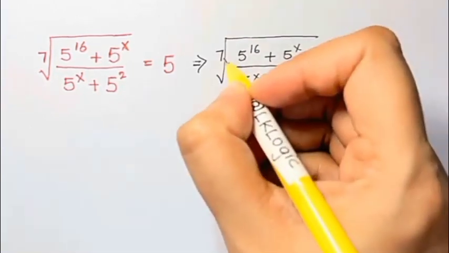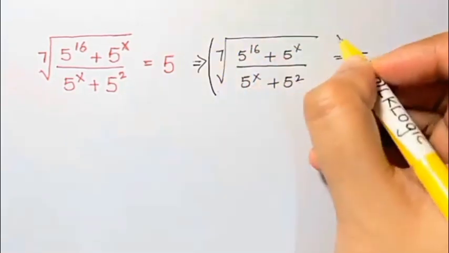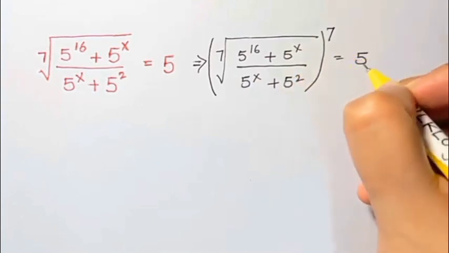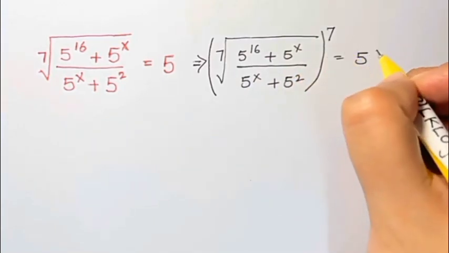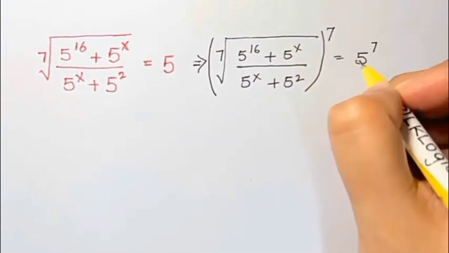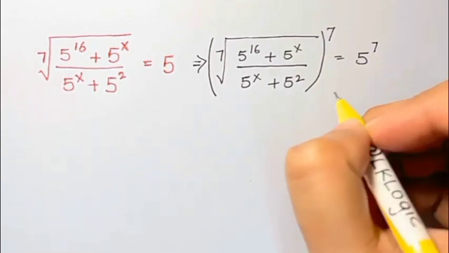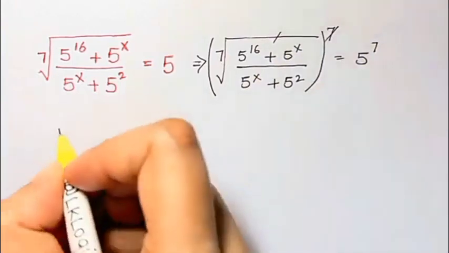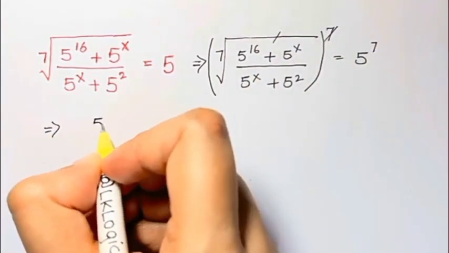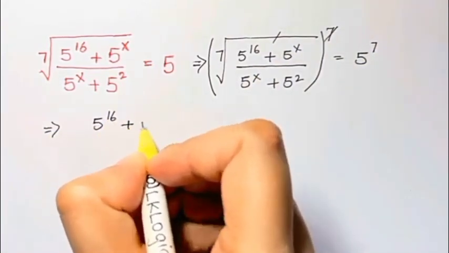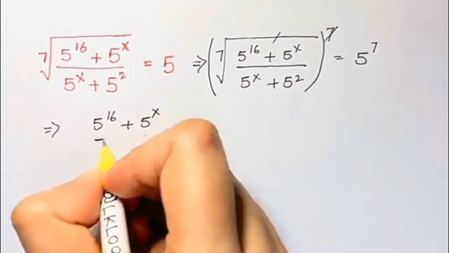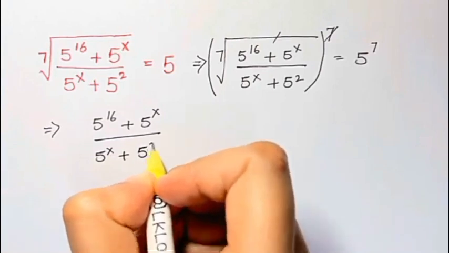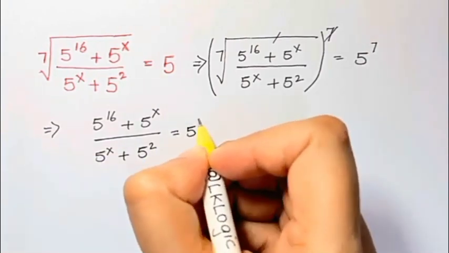Now to remove this root, I'm going to raise this to the power of 7, and it should be raised on both sides, so here as well 5 to the power of 7. Now I can cancel out this root and the power 7, so I'll just have (5^16 + 5^x) / (5^x + 5^2) = 5^7.